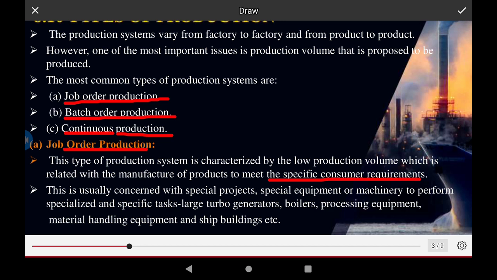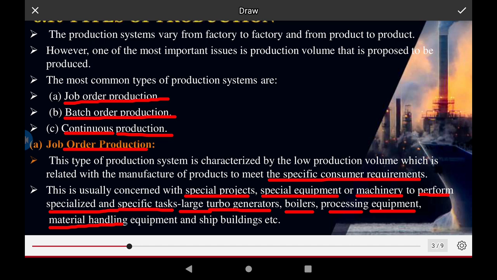This is usually concerned with special projects and special equipment or machinery, such as turbo generators, boilers, processing equipment, material handling equipment, and shipbuilding.